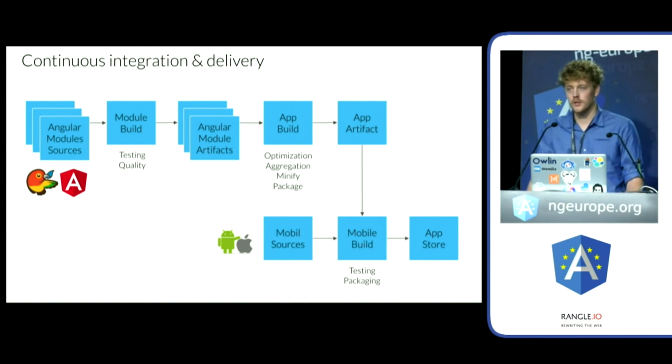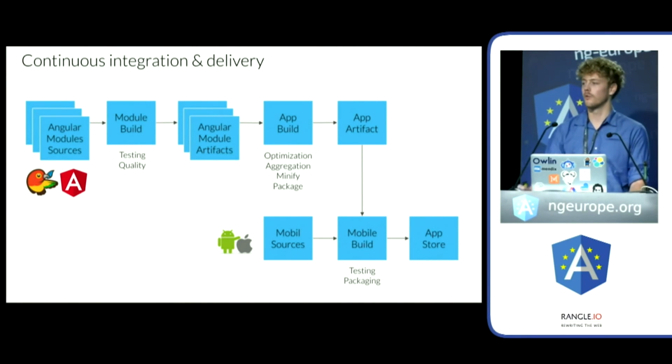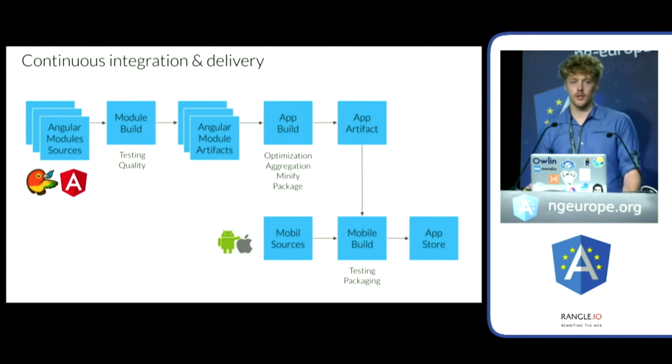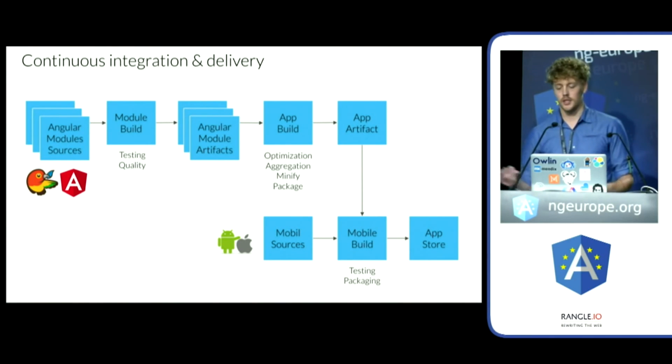The second phase of the build pipeline is the app build. Every app consists of 1 or multiple modules. The app build makes sure that everything is concatenated, optimized, aggregated, minified, and in the end packaged and shipped to Artifactory.